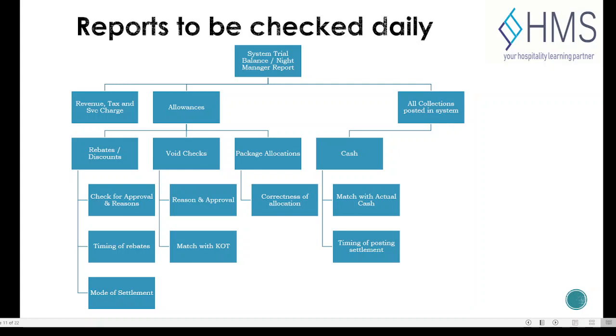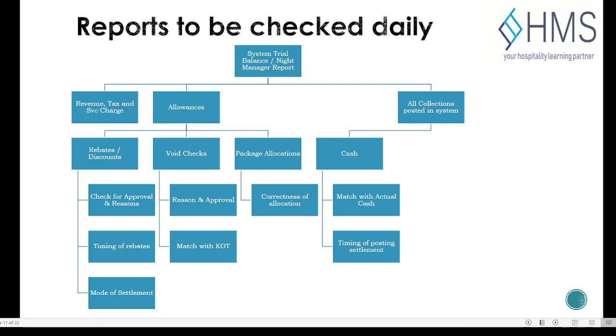If you keep that hanging for a long time, it means that there are chances that it can be siphoned off, right? Because if, let's say, you don't post the cash transaction for 1 hour, in that 1 hour, if there is any other settlement which is maybe coming from the credit card or another mode, you could do the void and combine the checks with other modes, so you can keep the cash.